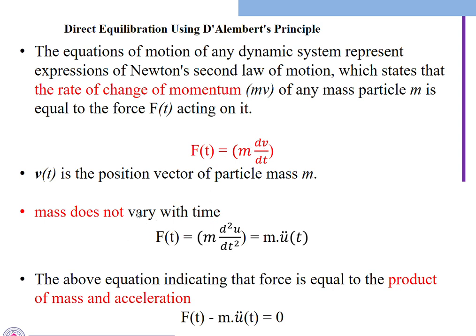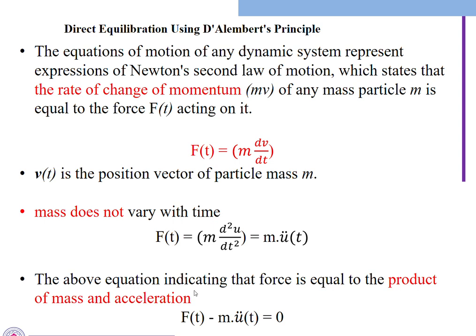Mass does not vary with time, but it can change location. That's why we take f of t equal to mass, as a constant, times the acceleration, the rate of change of velocity. The final equation is m into u double dot of t, where u double dot of t indicates the acceleration of the body.